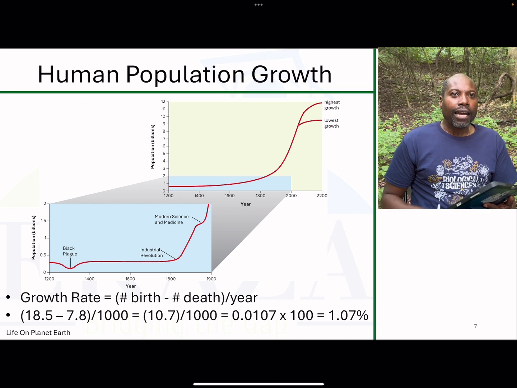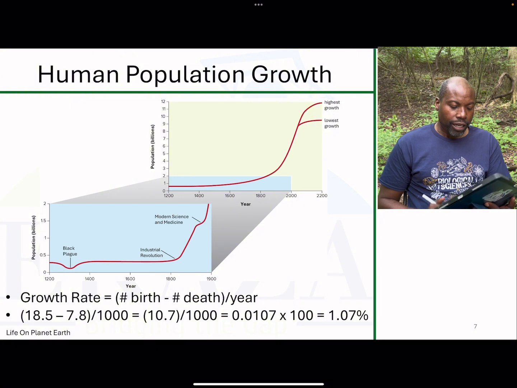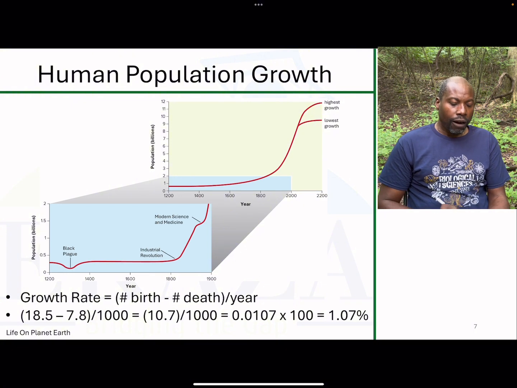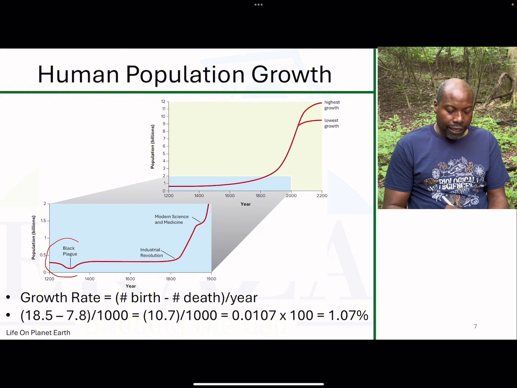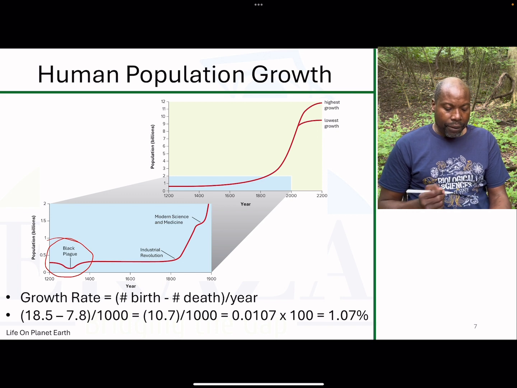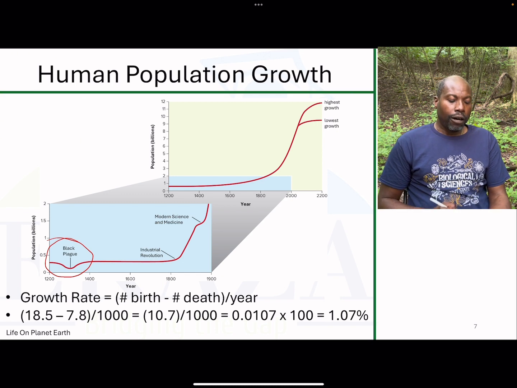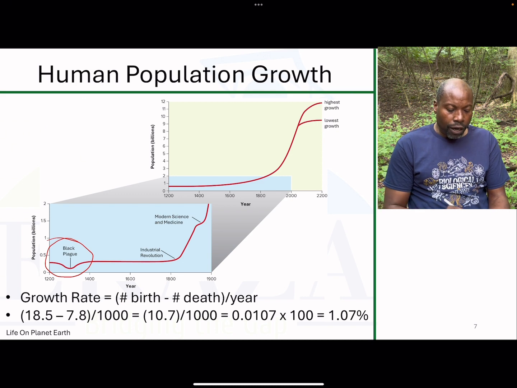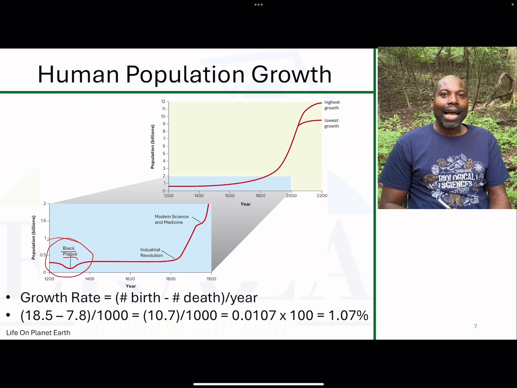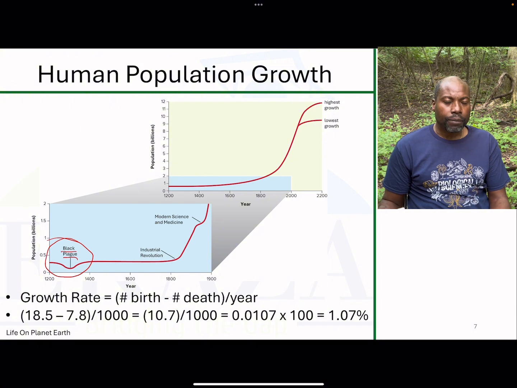So now there are a few things I would like to mention. On this particular curve here, you have a dip right here that happened around the 14th century. In the 14th century, there was a black plague that actually decimated a huge population in Europe.